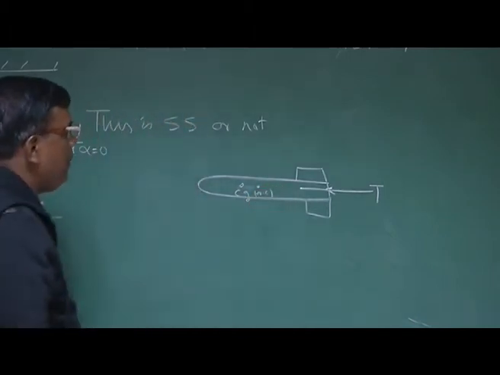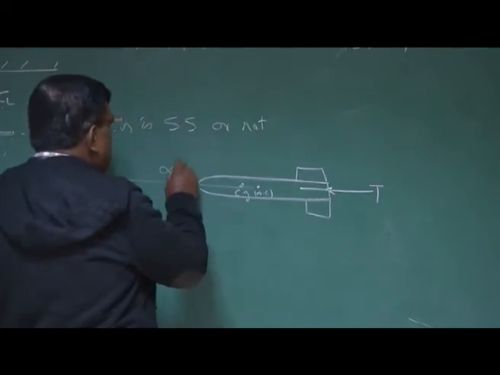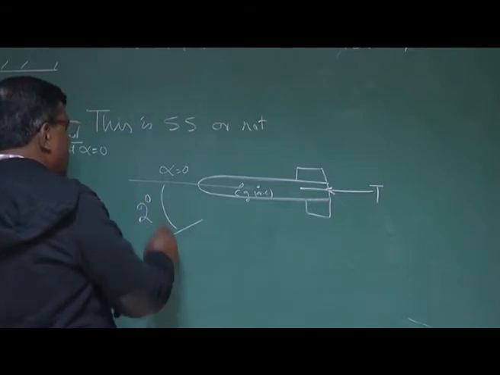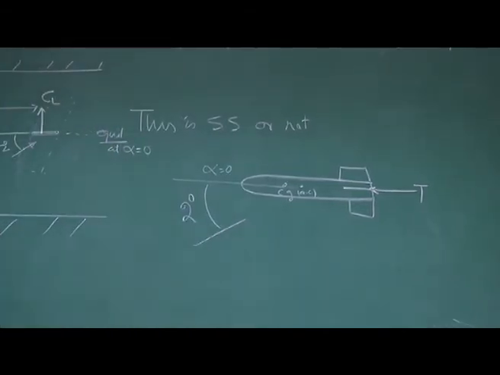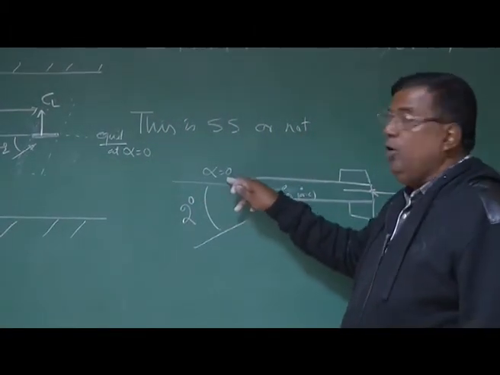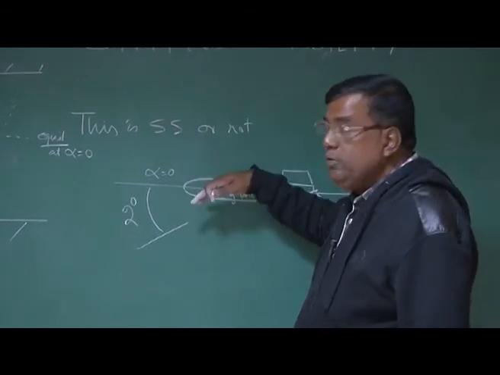It's statically stable, and it had alpha equal to 0. Now, because of a disturbance of 2 degrees, what will happen? Because it is statically stable, it has an initial tendency to make this 2 degree become 0, so that equilibrium alpha equal to 0 is achieved. So it gives a nose down moment.